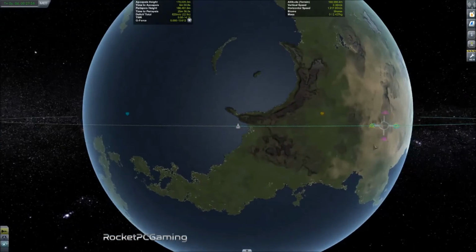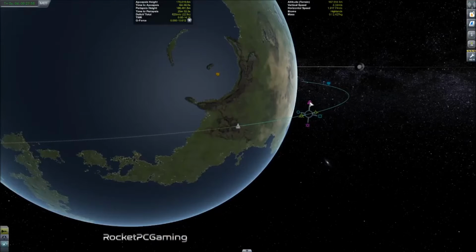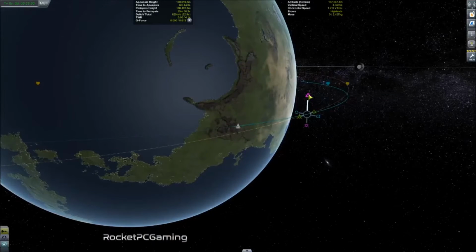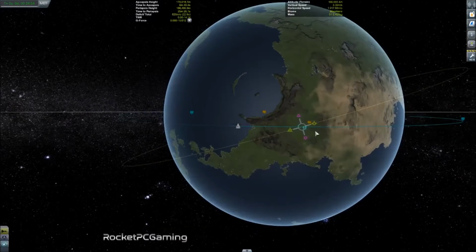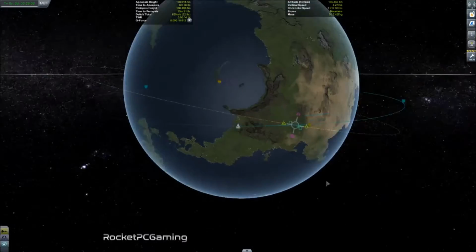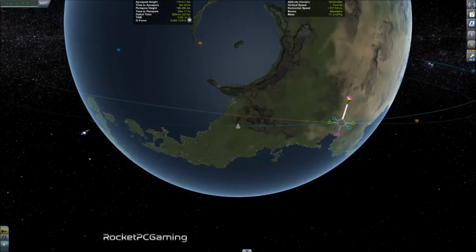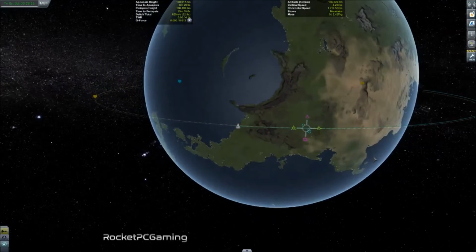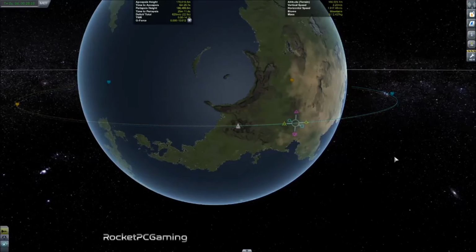So if we wanted to do an inclination change ascending, we would go normal, and you would see it would actually tilt our orbit upwards. Now, if we go anti-normal, we would actually go downwards. Just remember, though, that inclination changes are probably the most expensive in terms of delta-v for your maneuvers.